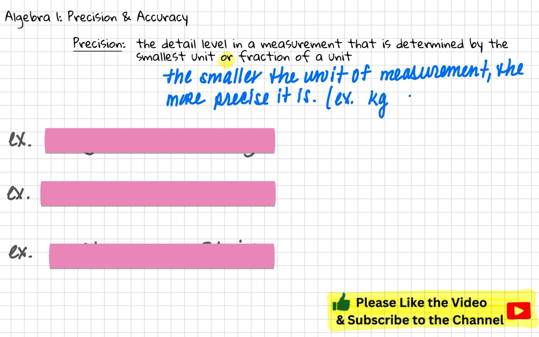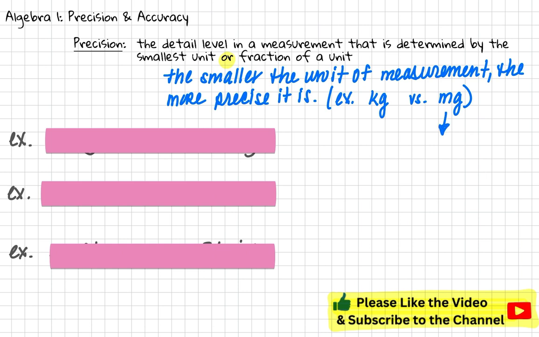Let's say you have kilogram versus milligram. We know from learning in earlier math classes that kilo is a lot larger and milli is a lot smaller. So since milligram is smaller between the two, it's therefore going to be more precise.